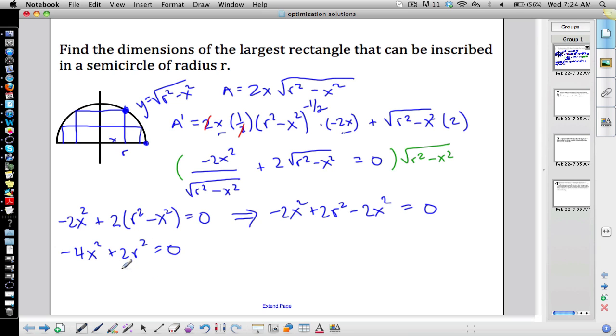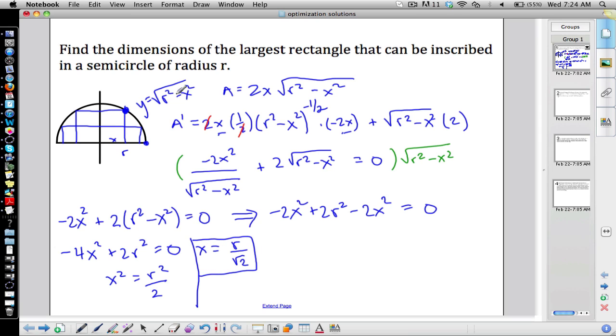And let's start moving things away from x. So this comes over, and then divide by negative 4. So we'll get x squared equals r squared over 2, which means x is equal to r over root 2. So there's our x value.